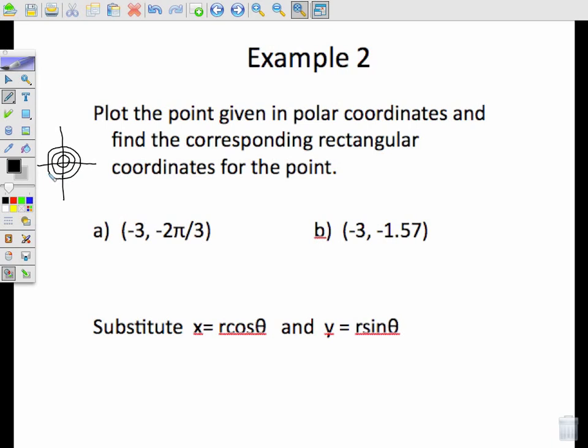Negative 2/3 pi would be in quadrant 3, but since the r value is negative, I'm going to have to reflect it. So this is like a reference to negative 2/3 pi, and if I reflect that, then it's going to be right here.